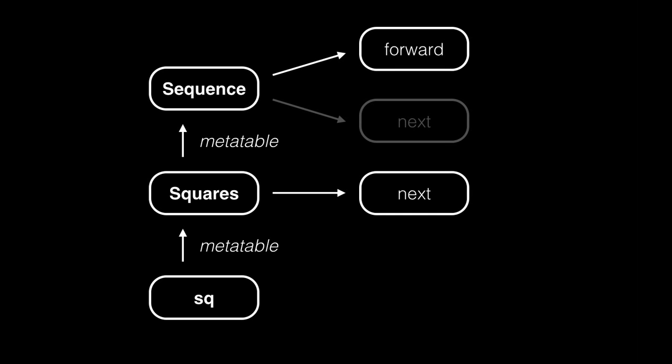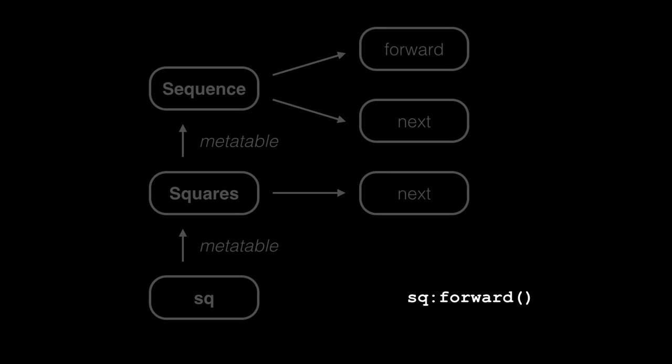It's interesting to carefully consider a call to SQ forward because somehow the forward method has to know to call the version of next in squares, and not the version in sequence, even though forward itself is defined in the sequence table. First, Lua finds the forward key defined in sequence by looking up the metatable chain. Then, forward makes a call to self next.